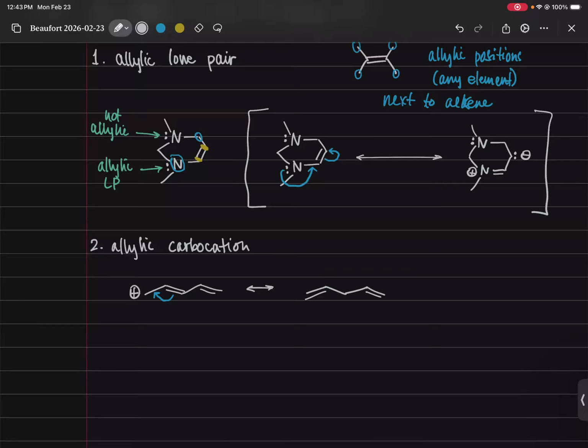Now we have to deal with the positive charge. It used to be on carbon number 1 on the end, but that carbon has now gained some electrons from that pi bond. However, the carbon in the very middle of the molecule, carbon 3, I guess, has lost electrons. So it's going to have a positive charge.